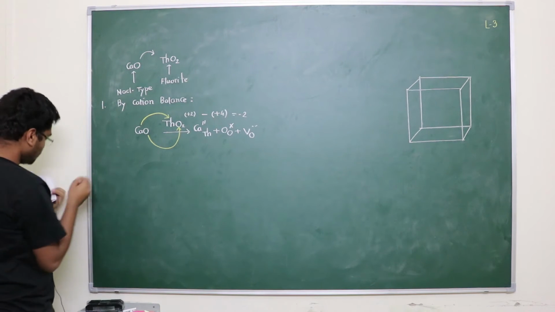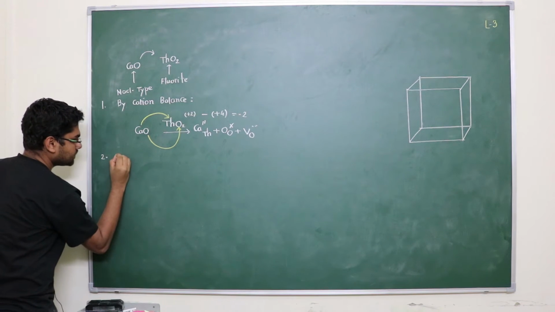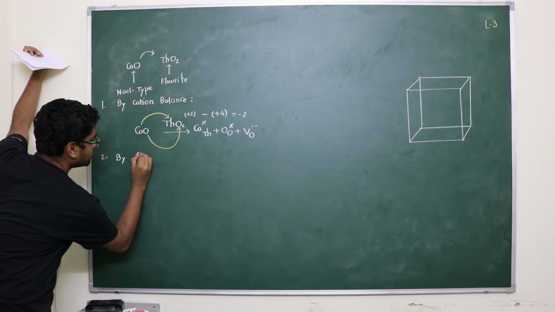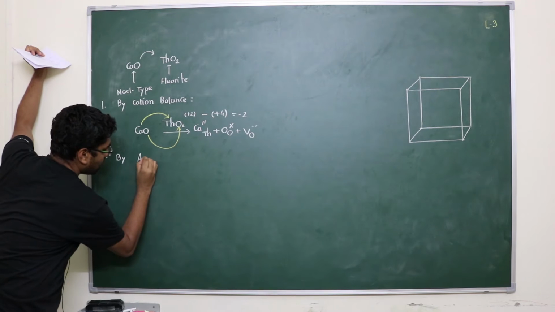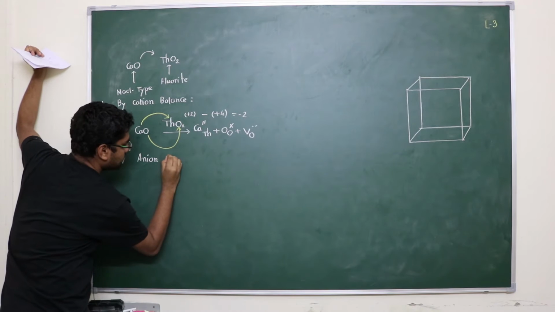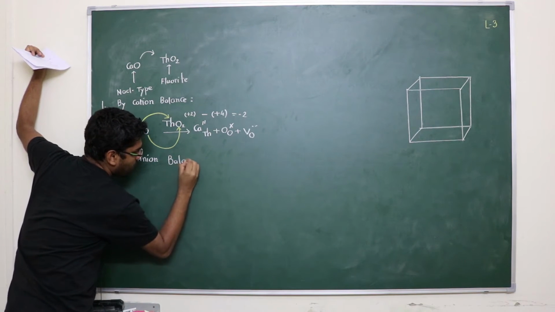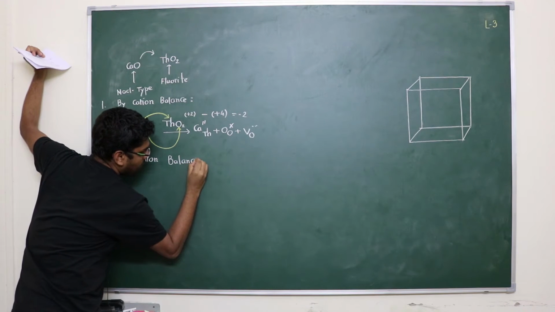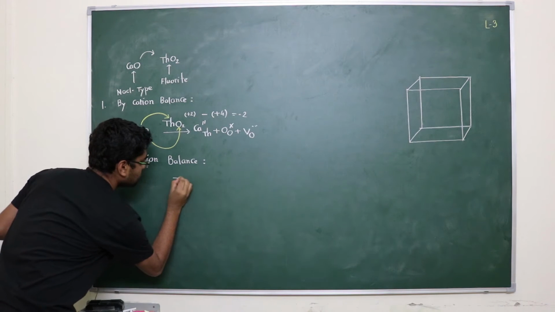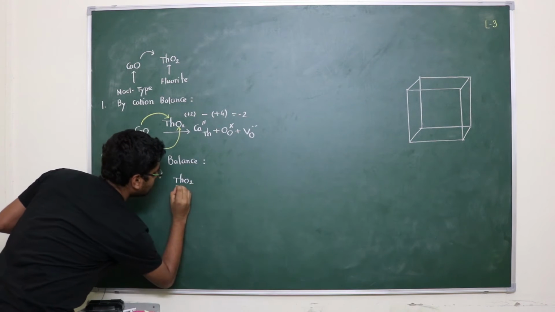Now by anion balance, ThO2, we are doping CaO in ThO2.